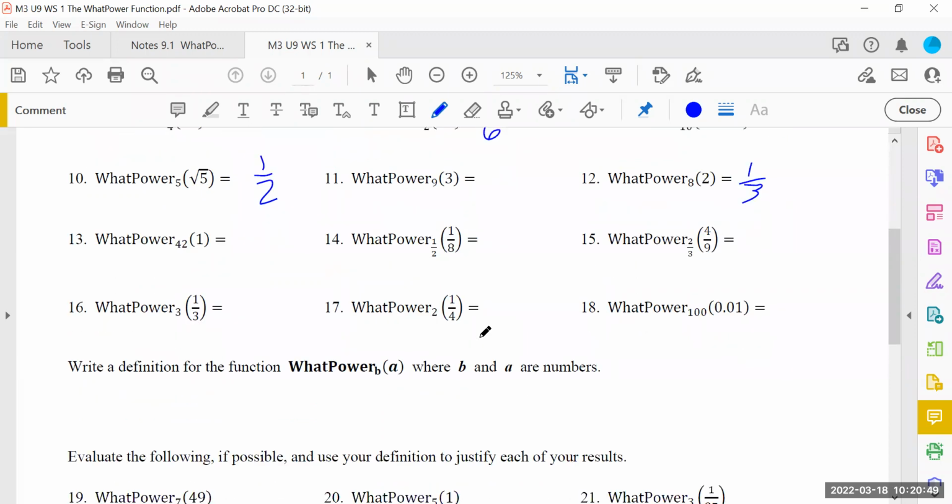All right, I don't know if I've shown you a fraction one where they're both fractions yet. This one's easier than it looks. Number 14, try it in your groups. Think about just the top and just the bottom, if that helps you.